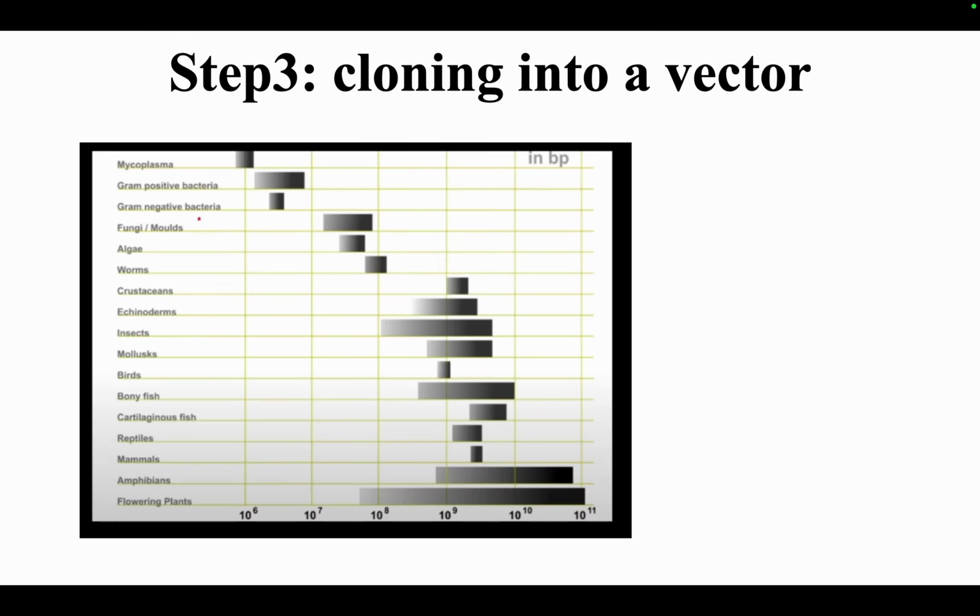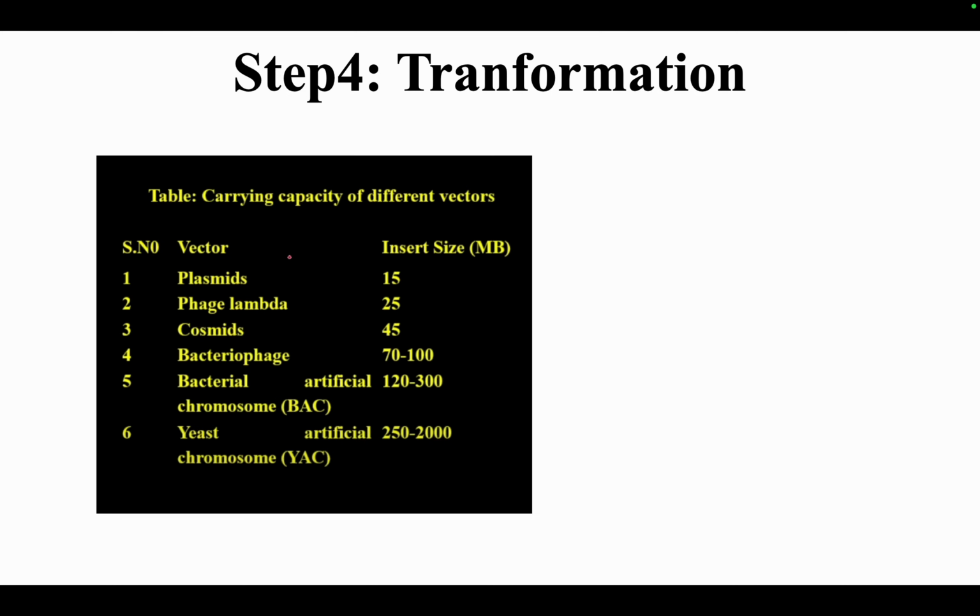Yeah, so the final step was transformation, right? In transformation, we can transform this plasmid into a different host. Here are different hosts and how much insert each can accommodate.